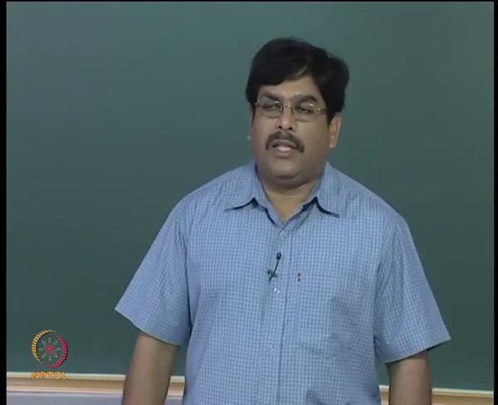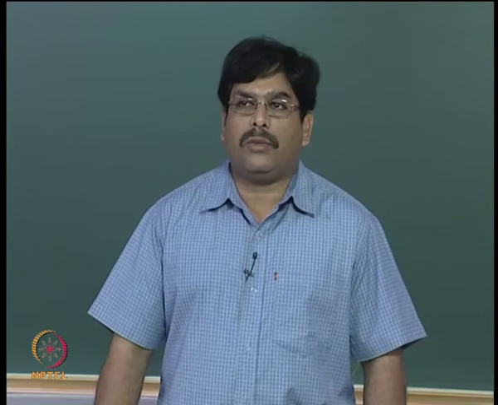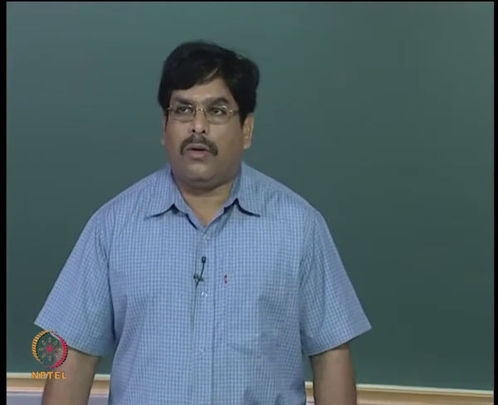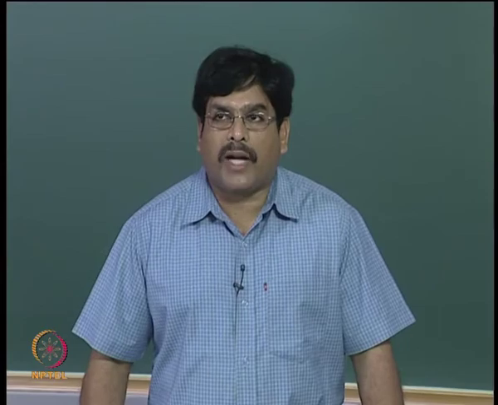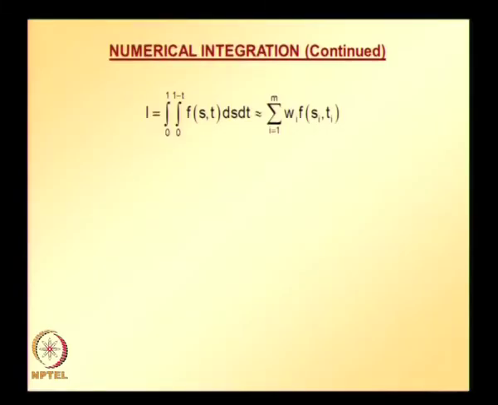Let I be the integral which needs to be evaluated, or this function needs to be evaluated over the triangle area, and the limits of integration are 0 to 1 minus T for S, and 0 to 1 for T. If one wants to evaluate this integral, it can be approximated in the way that is shown: the sum over i from 1 to m of Wi times the integrand evaluated at each of the integration points.